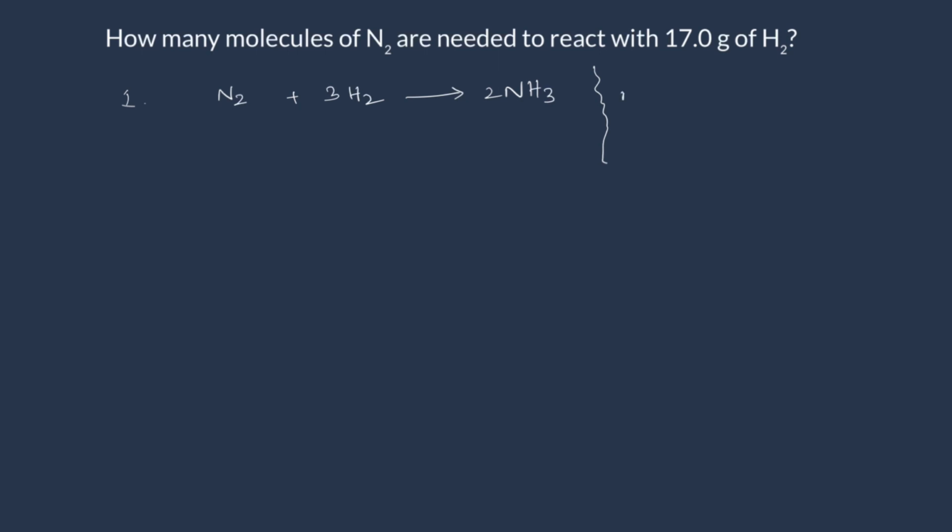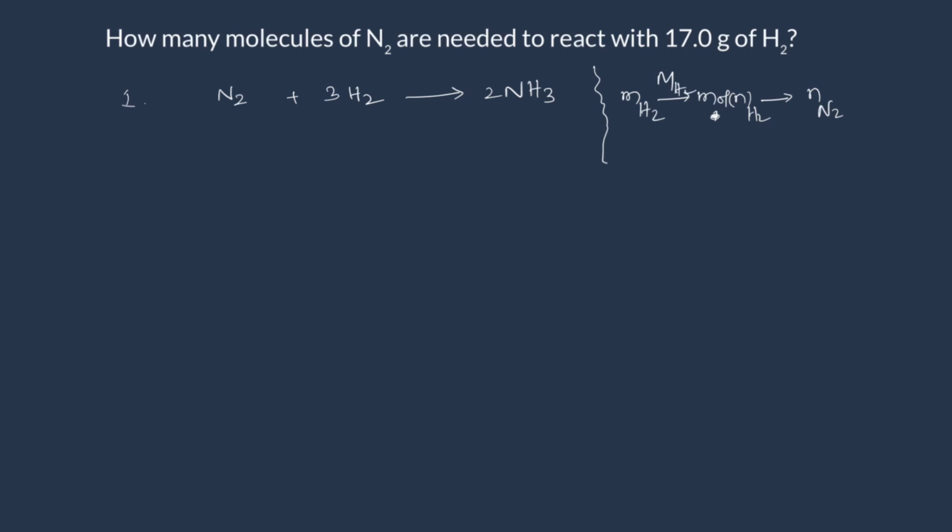So now they have given the mass of hydrogen, and we have to convert into moles of which one? Hydrogen. It means n of hydrogen. Now from this, by using the molar ratio, we can convert to moles of nitrogen. So mass to mole, what can we use? Molar mass of hydrogen.